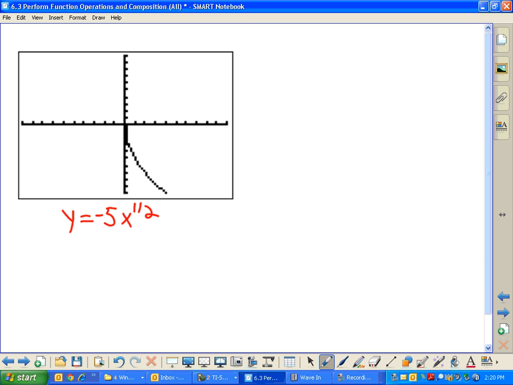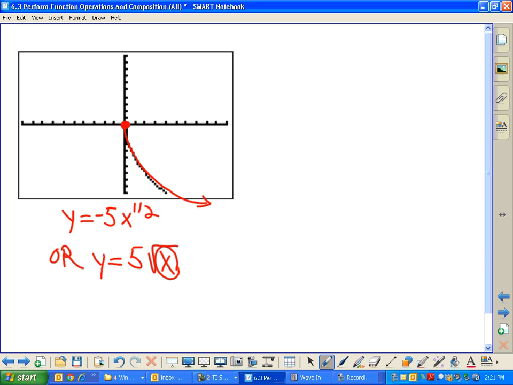And we're asked to, in the previous problem, identify its domain. You might recall that this is the same as y equals -5 times the square root of x. And we know that we can't take the square root of a negative number, ever. And this graph definitely verifies that. We see its first point is at the origin, and then it kind of comes down and continues on like that.